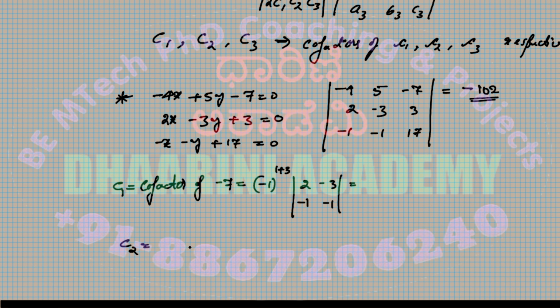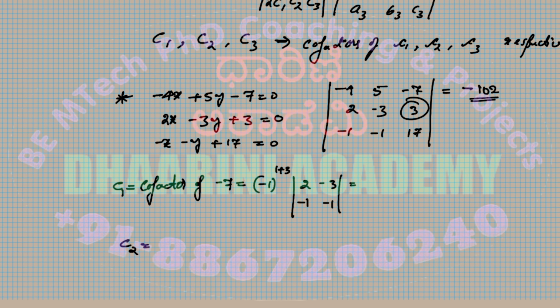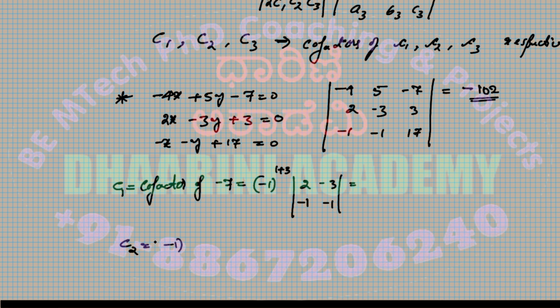C2 can be calculated in the same way. That is for 3, which is located at position 2 comma 3, second row, third column. So this is minus 1 to the power 2 plus 3 into, I remove that row and column from the matrix, remaining minus 4, 5, minus 1, and minus 1. That will be the cofactor C2.